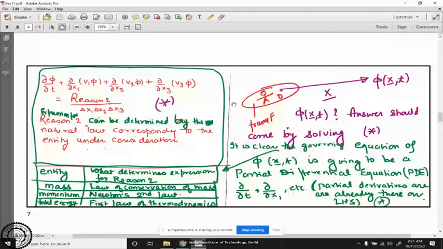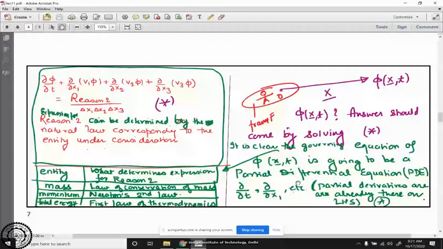Here we have derivatives involved, that's why it's a differential equation, but there are partial derivatives, partial with respect to time and x1, that's why we call it a partial differential equation. So these governing equations are already PDEs. I will use this acronym PDE for partial differential equation.